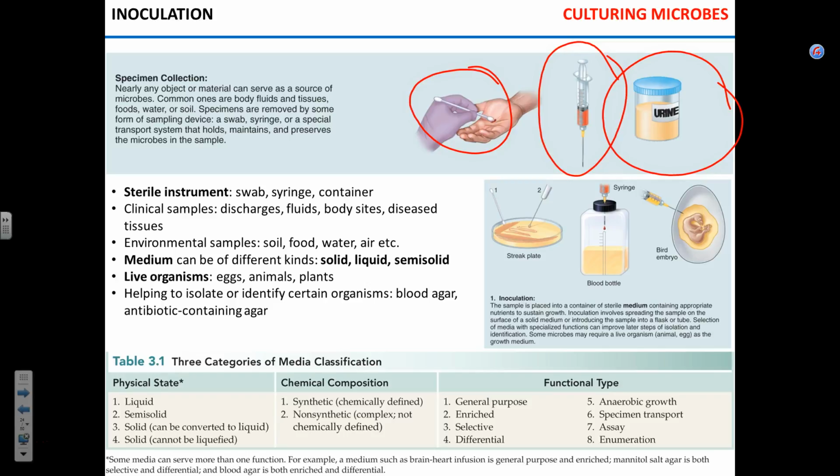So what can serve as the clinical specimen? In addition to skin swab, blood, or urine, give me other examples. Fecal matter, good. Hair, yes. It will bear mostly skin stuff. Mucus, yes.